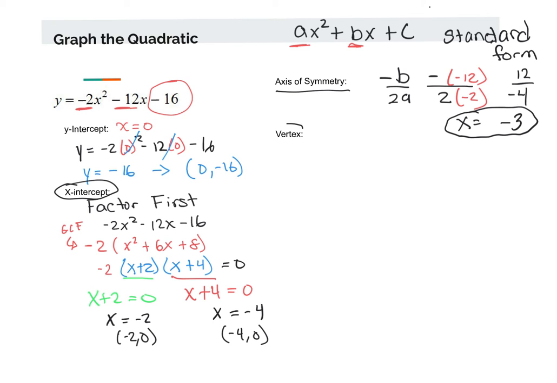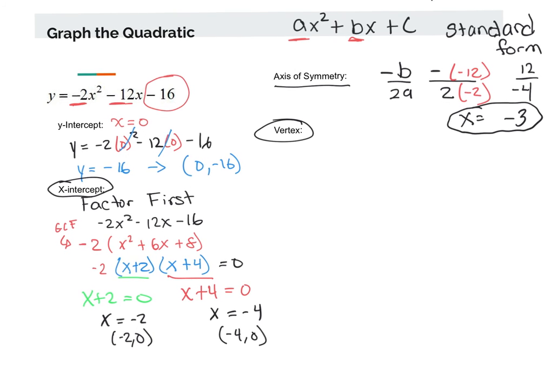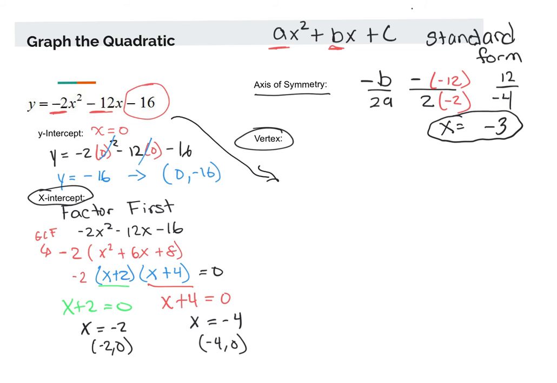My last step is to find the vertex, and the axis of symmetry and the vertex are directly related because the vertex is being cut through by this line. So what I need to do is solve my original equation by replacing the letter x with the number -3 and solving for y.